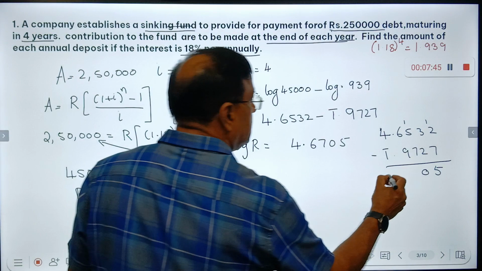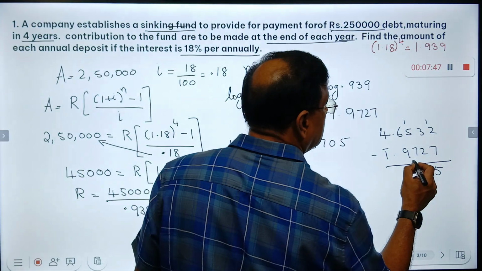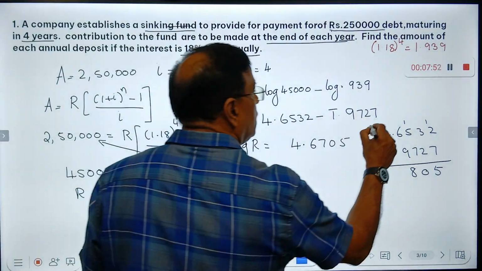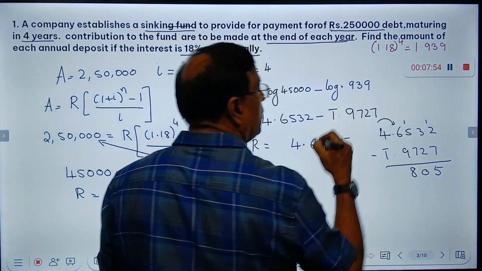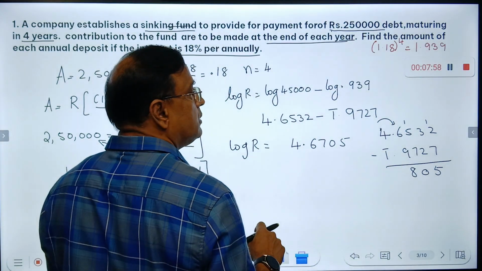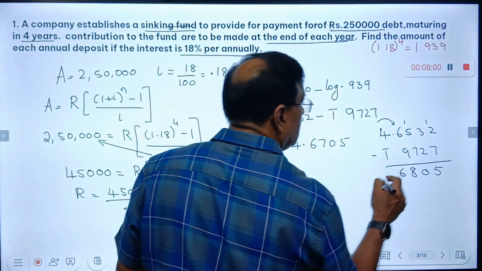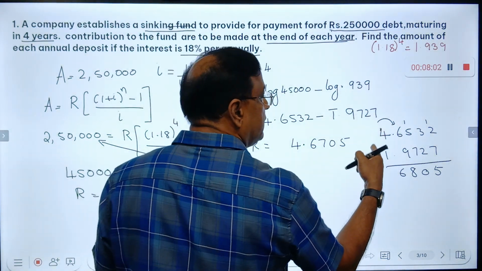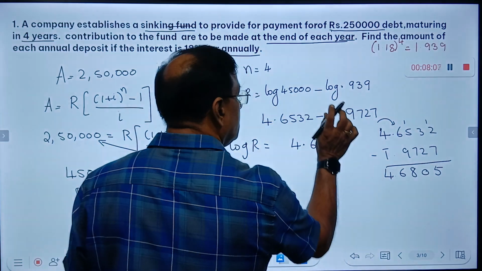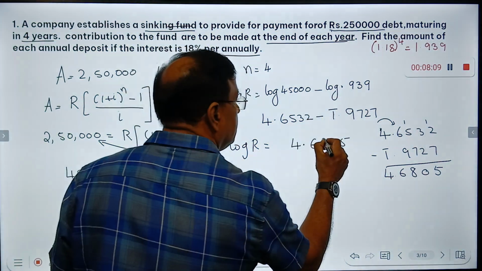It will be 8, 9, 10, 11, 12, 13, 14, 15. 8. And you borrow 1 from here. When you borrow 1 from here, it becomes 15. 10, 11, 12, 13, 14, 15. So it is 6. This will be 3. 3 minus of bar 1 is 4. So I think it is 4805.